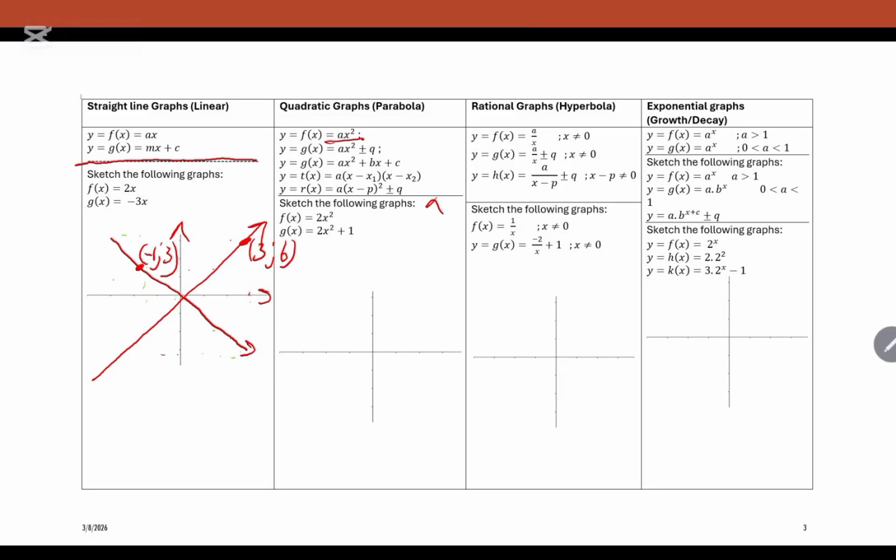Depending on the value of a, if a is a positive number, I know that the graph is increasing. With the language of grade 10, we say it is a smiley face. When a is less than 0, meaning a is negative, we say it has a sad face. The graph is facing down.